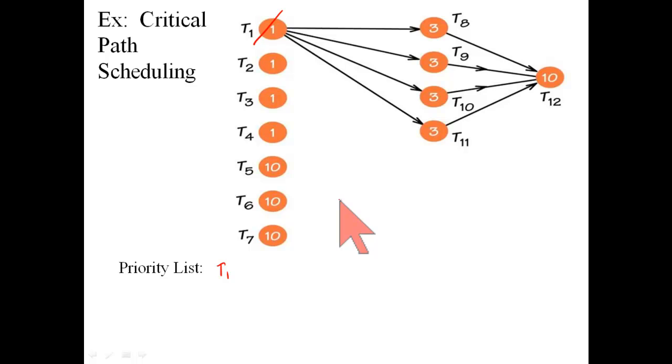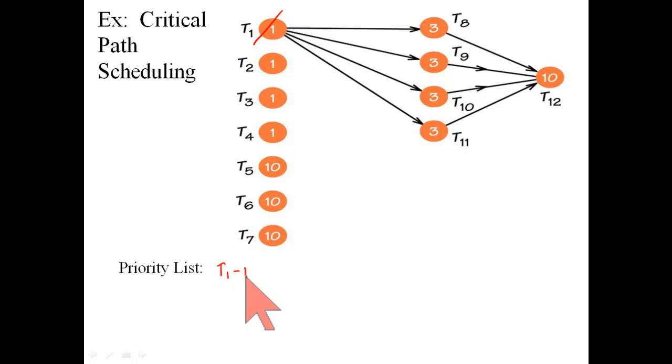And I look at the new digraph and say, okay, any of these, task 8 to 12, 9 to 12, 10 to 12, or 11 to 12 would be next highest priority. In other words, 8, 9, 10, or 11 are at the head of a critical path at this point.